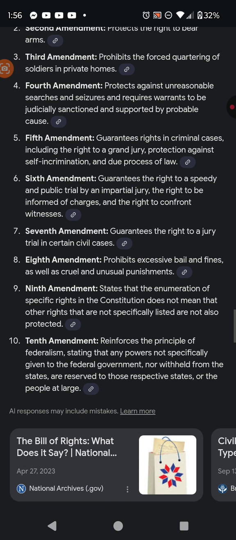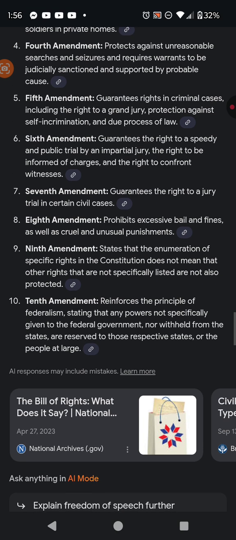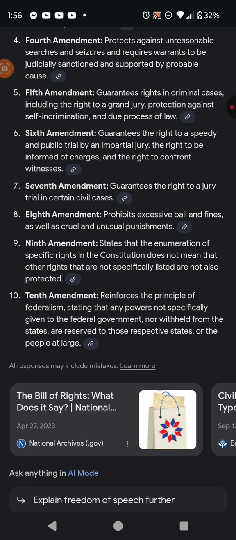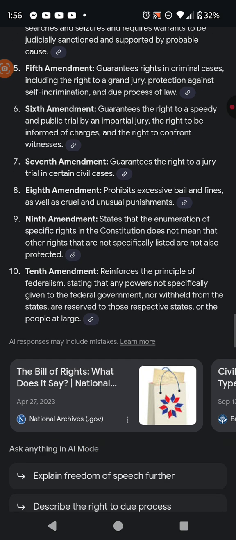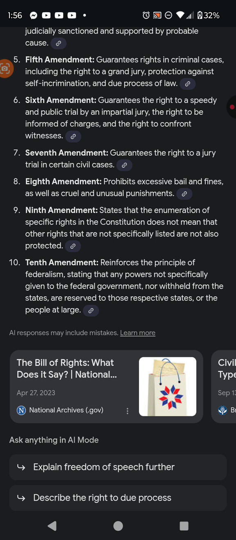Sixth Amendment guarantees the right to a speedy trial, public trial by impartial jury, the right to be informed of charges, and the right to confront witnesses. Seventh Amendment guarantees the right to a jury trial in certain civil cases. Eighth Amendment prohibits excessive bail and fines as well as cruel and unusual punishment.